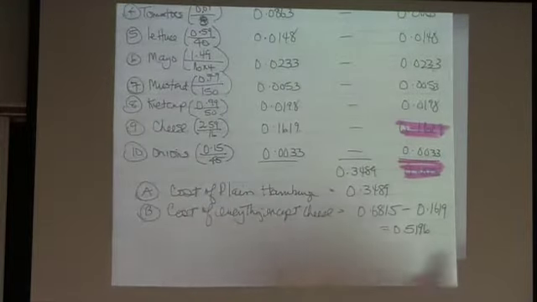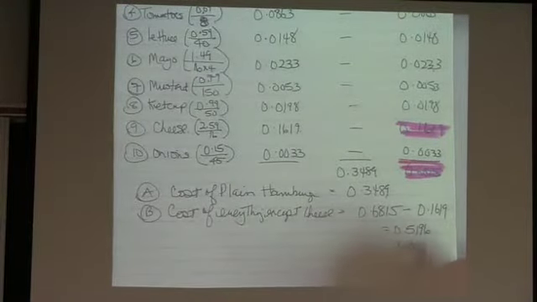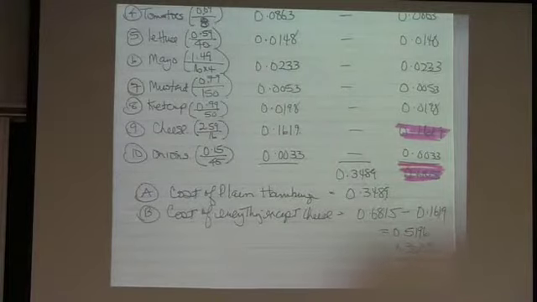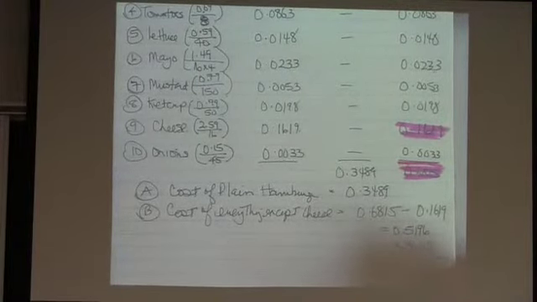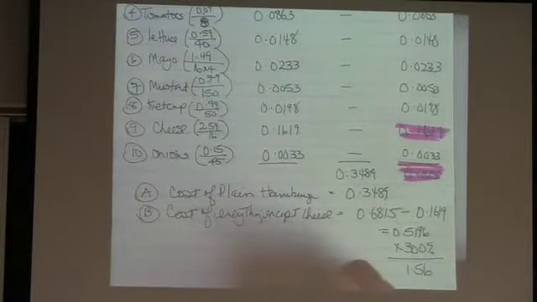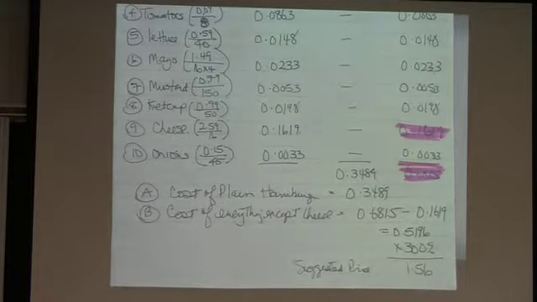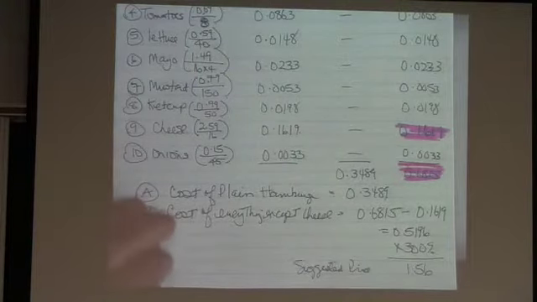Now, the suggested selling price is going to be this times 300% to give us $1.56. Now, that's the price for everything except cheese, $1.56.